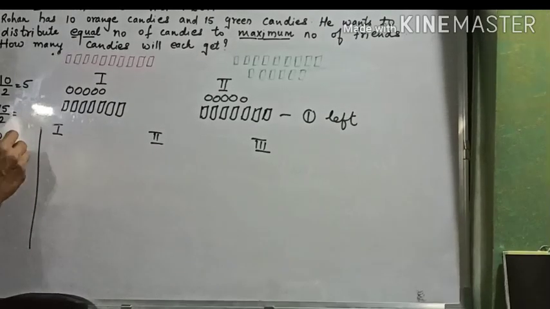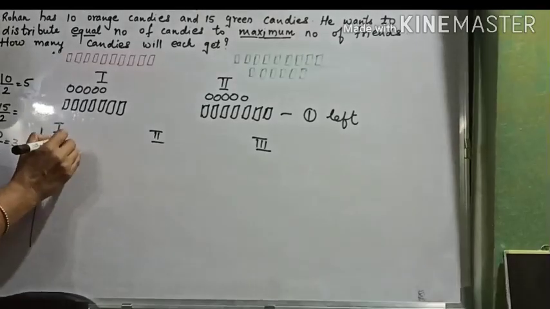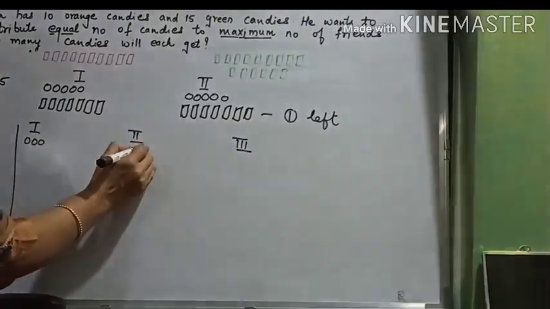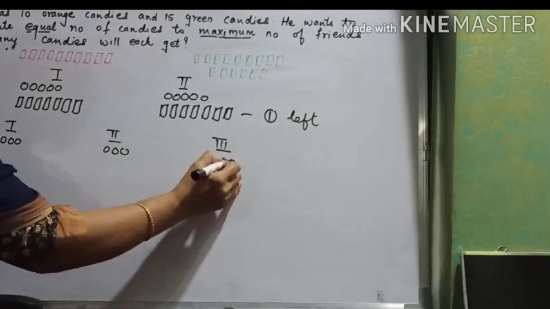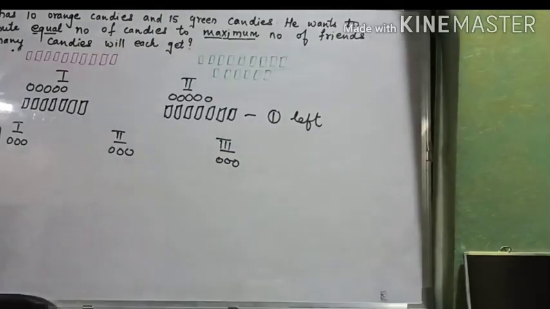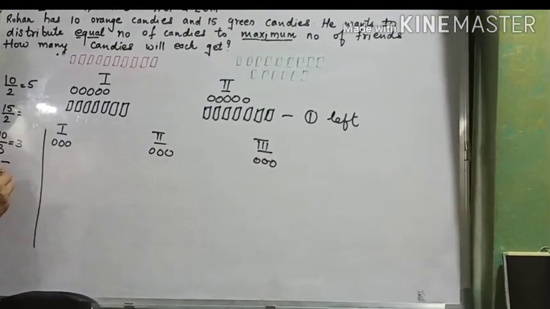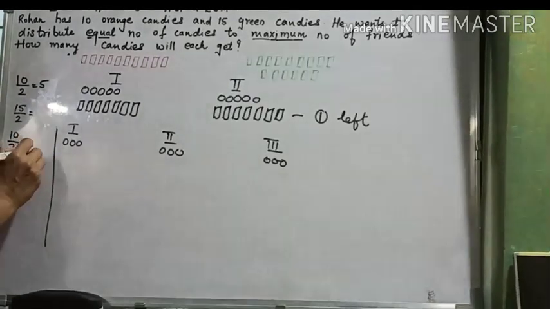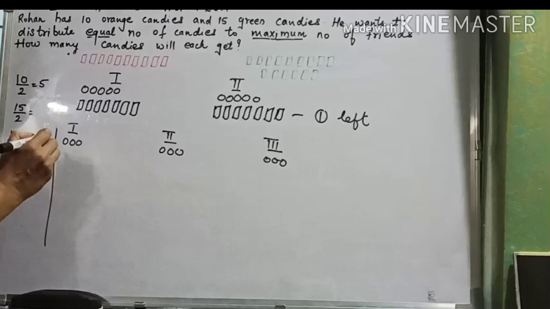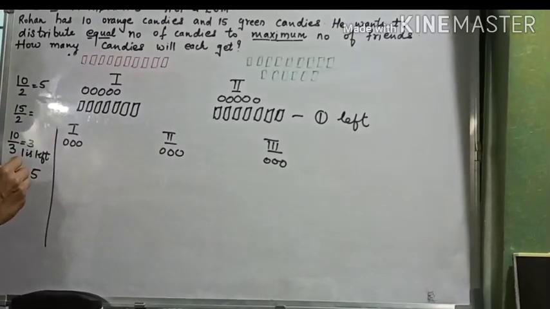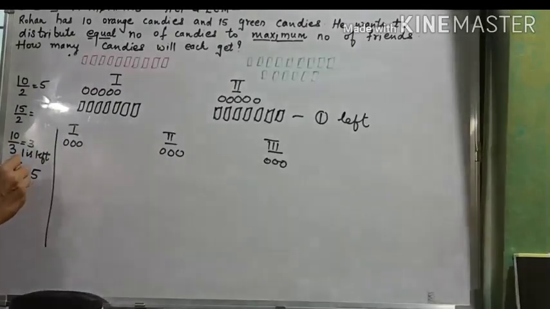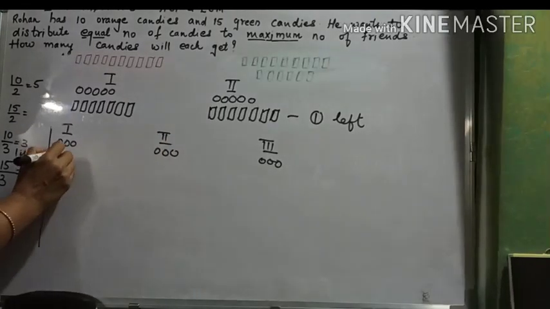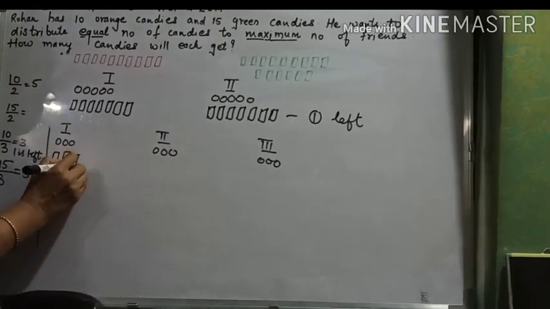So each will get 3 orange candies, and if he divides 15 among 3 friends, then each will get 5 green candies.